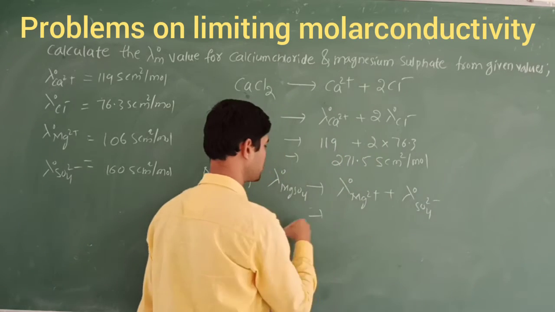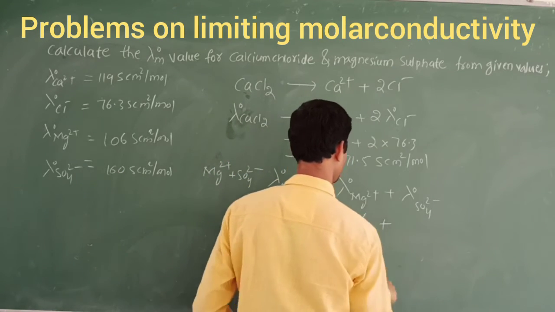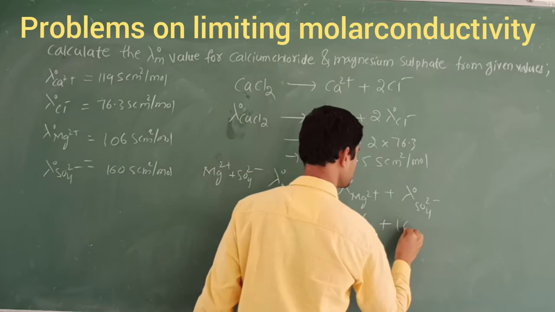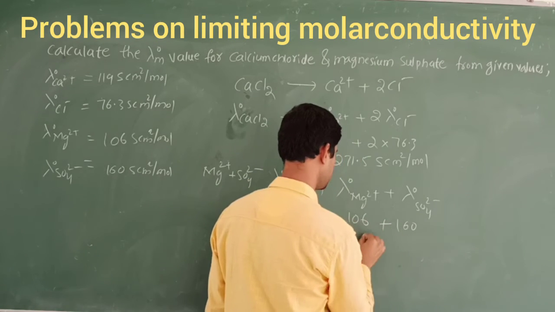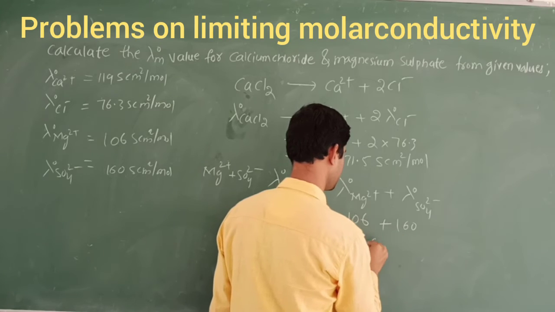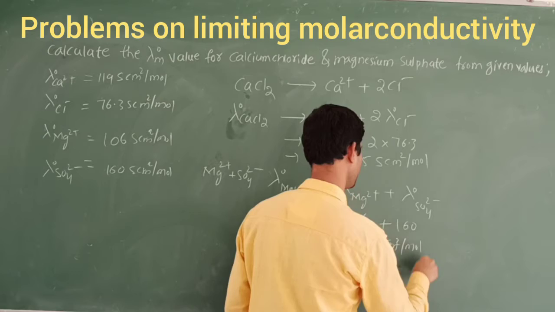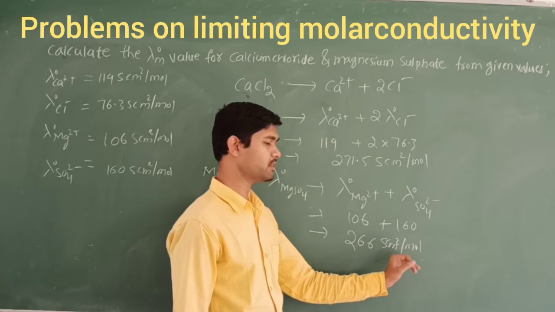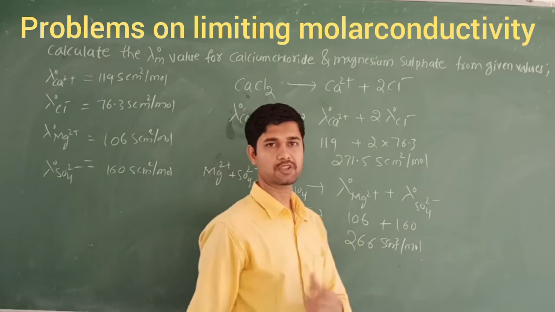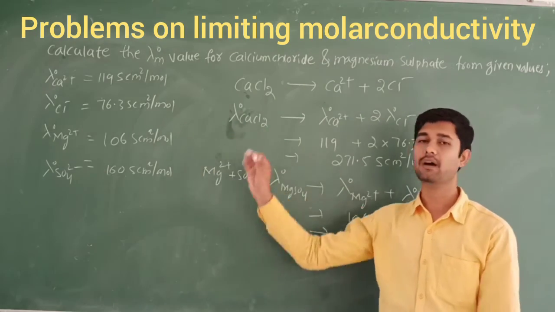So we write the values: magnesium has given 106 plus sulfate has given 160. After this simple calculation, 106 plus 160 is 266. So this is in S cm² per mole, because the unit of the molar conductivity is S cm² per mole.